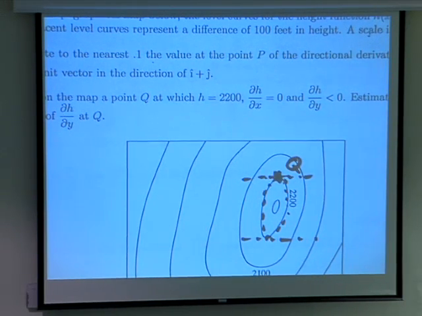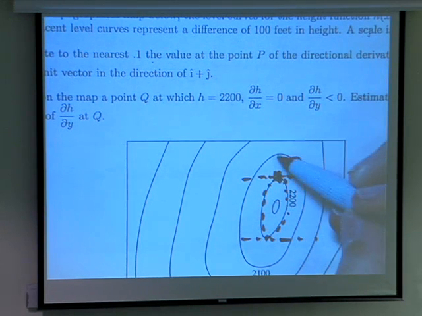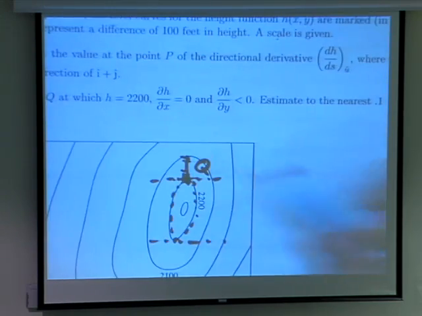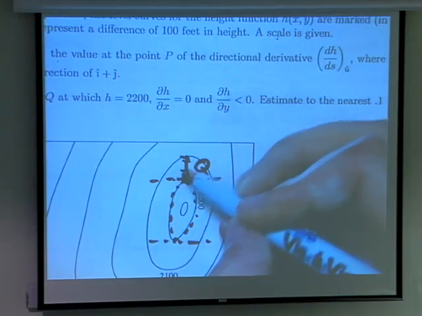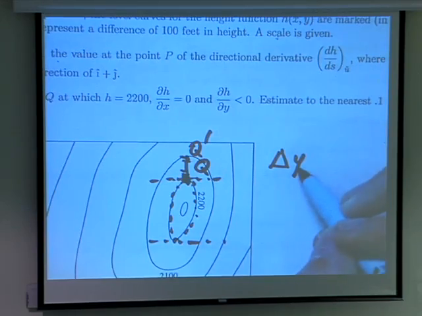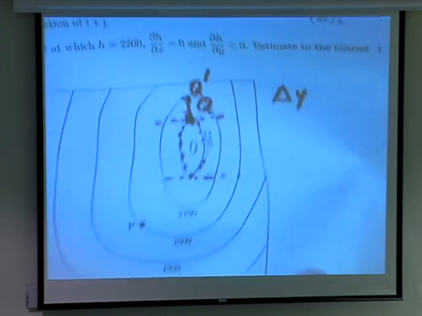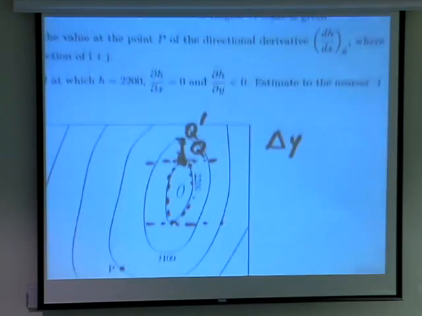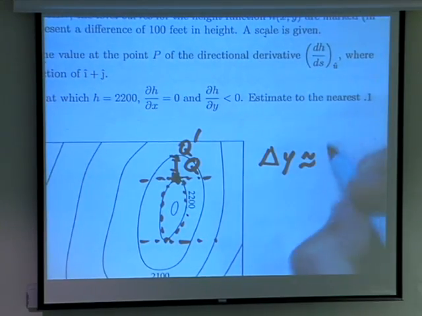Now the problem here was also asking you to estimate partial h, partial y, and just if you're curious how you would do that, you would try to figure out how long it takes before you reach the next level curve. So to go from Q to this new point, say Q prime, the change in y, you'd have to read the scale, which was up down here. That would be about something like 300.